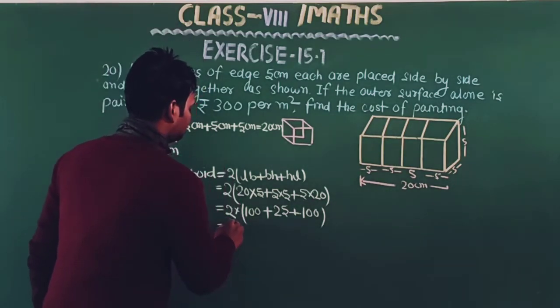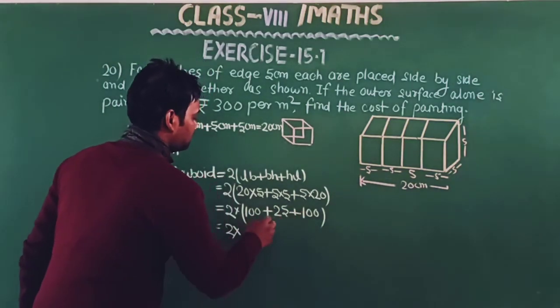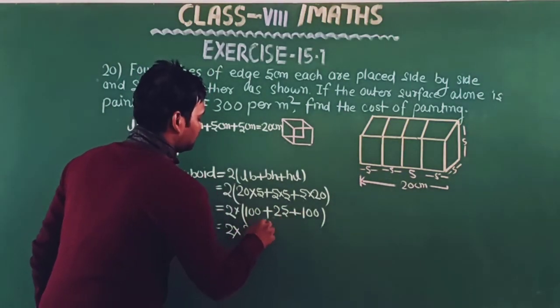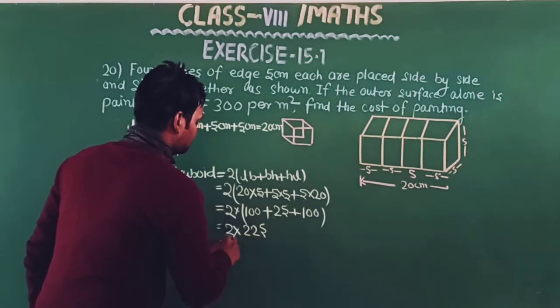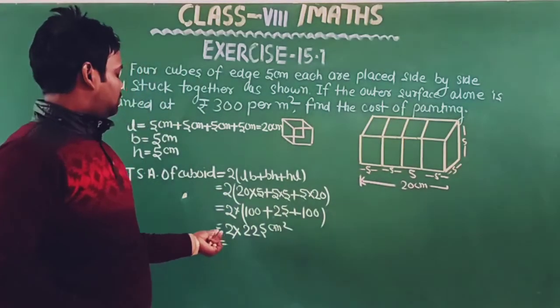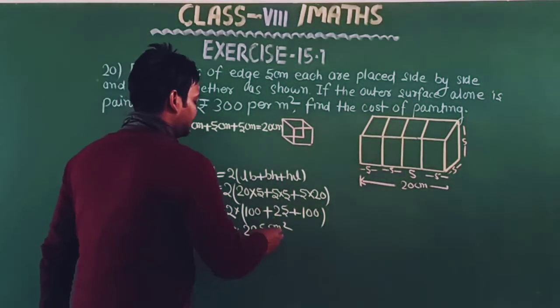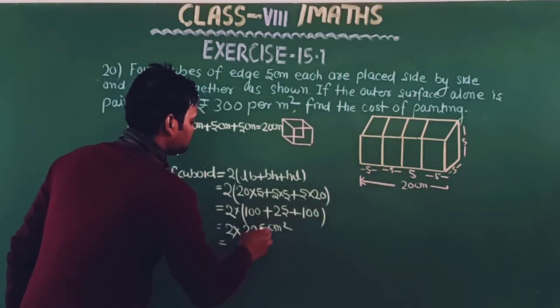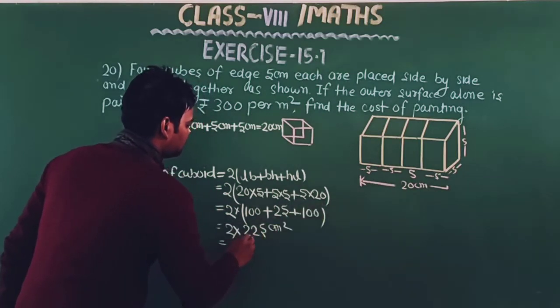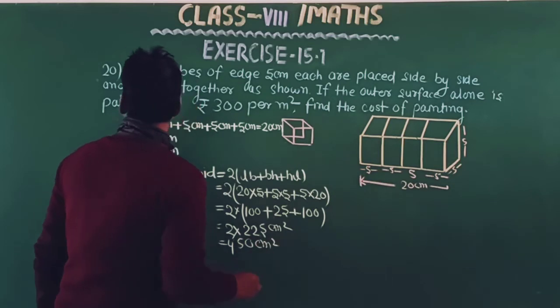So this is 2 into (100 plus 25 plus 100), which is equal to 2 into 225 centimeter square. Again multiply 2 by 225, so we get 450 centimeter square.